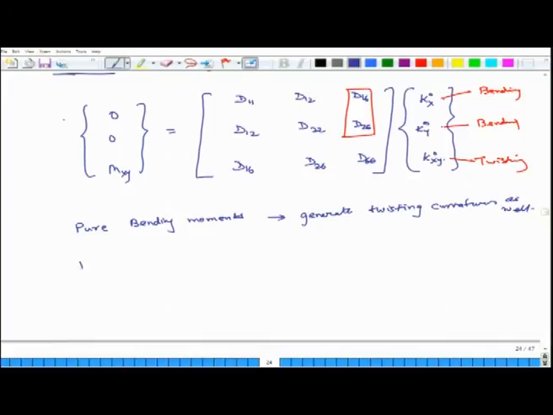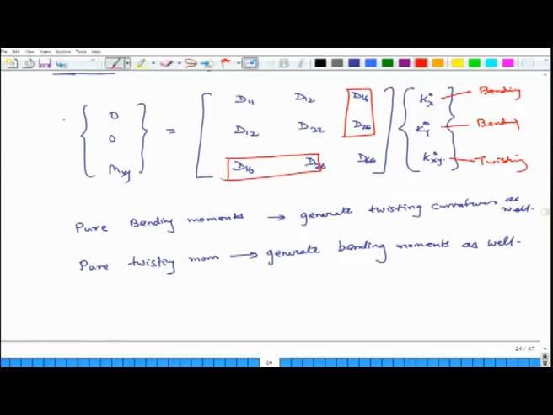So, pure twisting moments generate bending moments as well, if D16 and D26 are not 0.